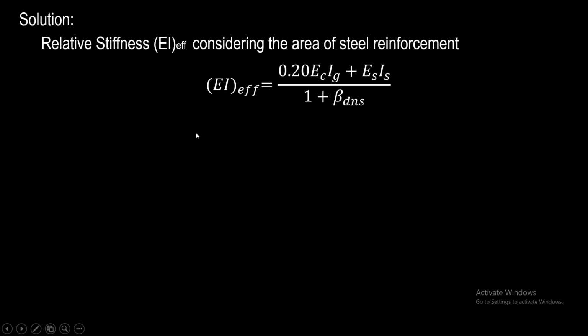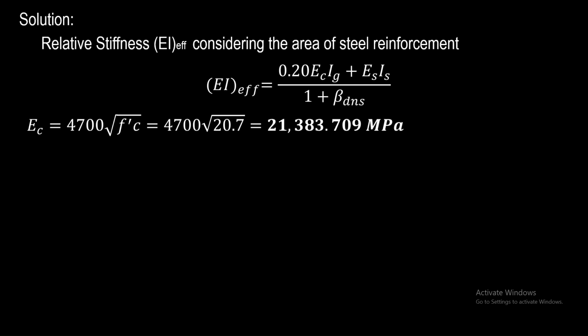In order for us to solve this problem, we first compute the individual values of the given parameters, such as E sub C, the modulus of elasticity of concrete, the gross moment of inertia, etc. First, we compute the modulus of elasticity of concrete.